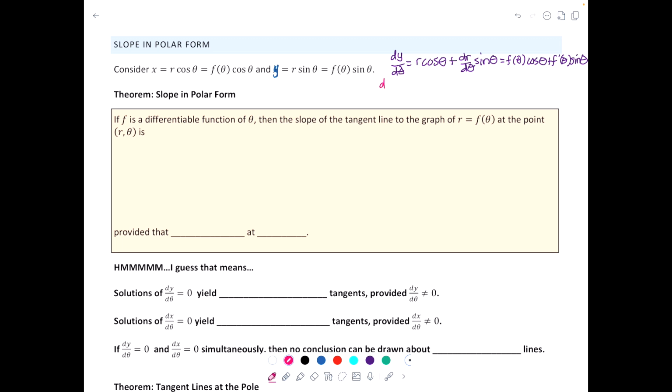And dx d theta would be, let's see, x is r cosine theta, so you'd have negative r sine theta because of the derivative of cosine theta. And then we would have plus dr d theta times cosine theta.